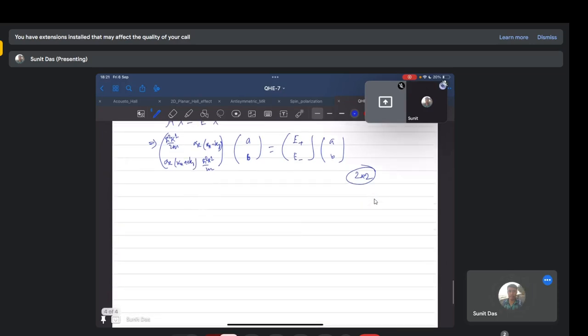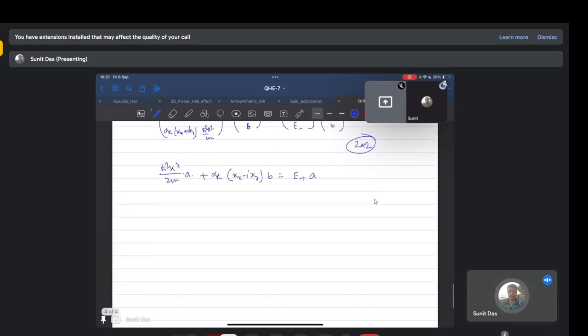So it will have h bar square k square by 2m times a, plus alpha R (kx minus i ky) times b equal to E plus a, and then alpha R (kx plus i ky) times a plus h bar square k square by 2m times b equal to E minus b, right?